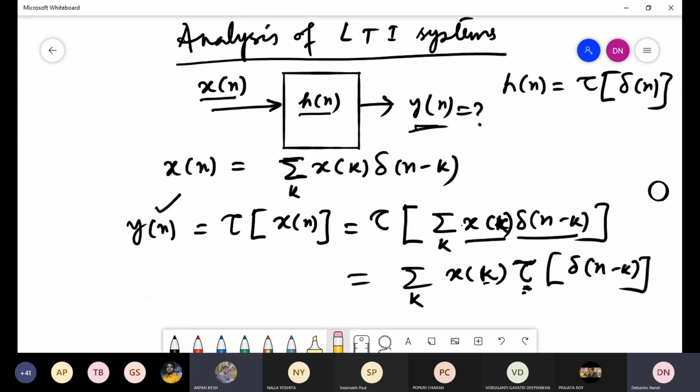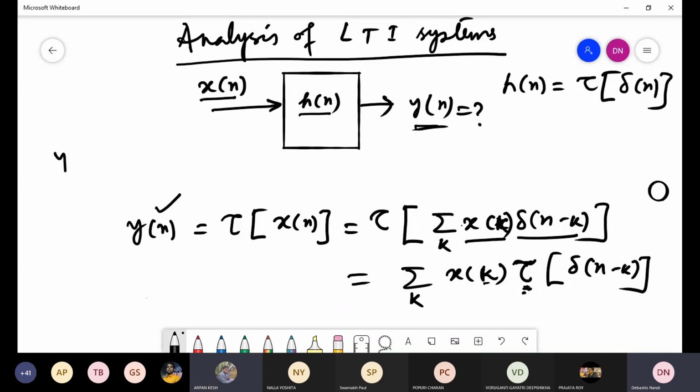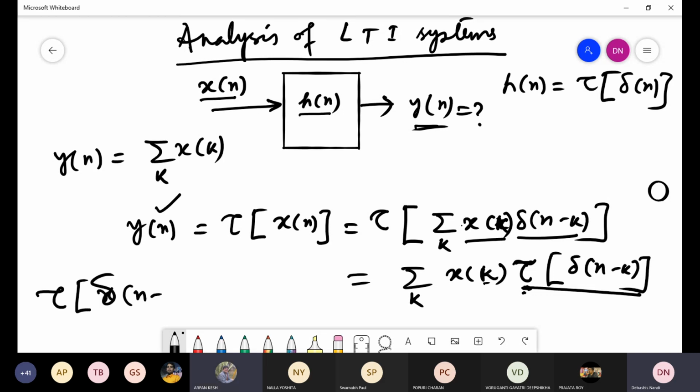So y n is equal to summation k. In general, k is taken from minus infinity to infinity. I am writing k, then x k. And what is this transformation of delta n minus k?